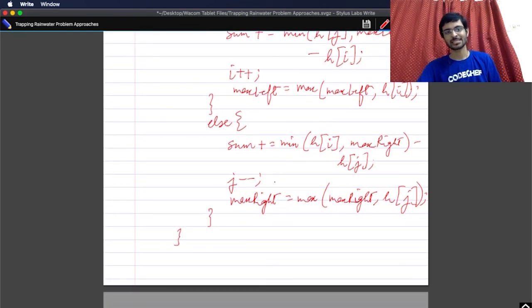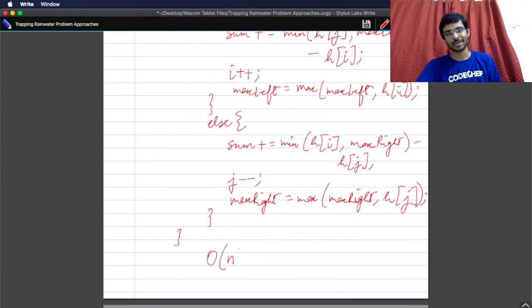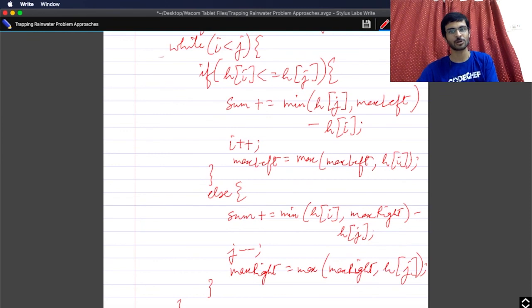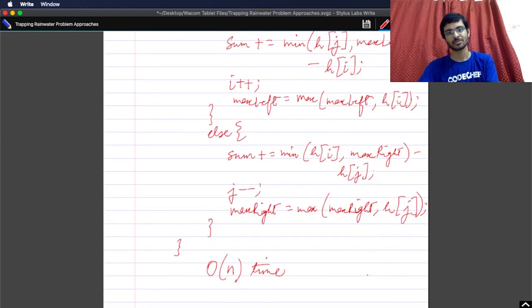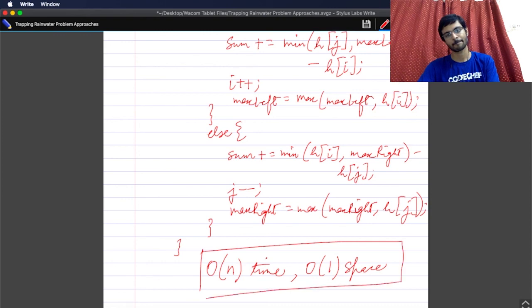So we can say this is order n time, because every iteration of this while loop actually takes order 1 time. So order n time, and how much space? Order 1 space. Make sense? There you go.